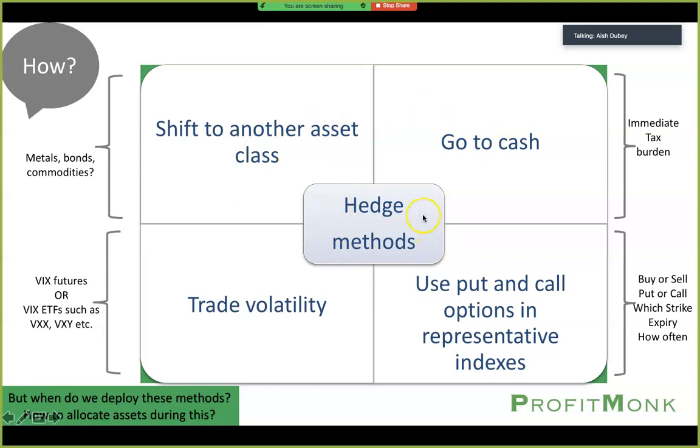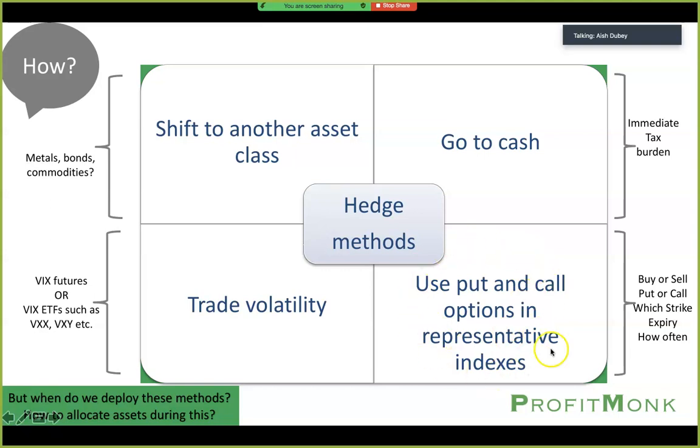The other kind of hedge methods are, you keep your portfolio wherever it is, but try to hedge it either through volatility instruments such as VIX futures, VIX ETFs, or options on these, or you basically directly trade put and call options in representative indexes. And of course, the question in all of these scenarios, especially the bottom two, is, when do we deploy these methods, and how to allocate assets during these?